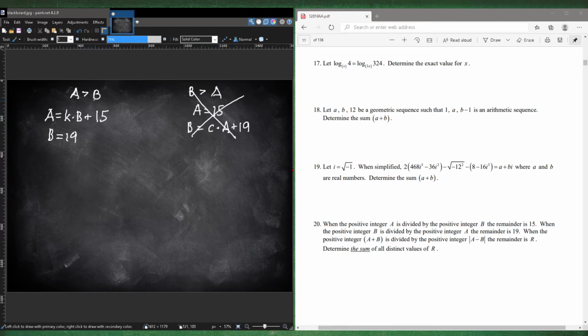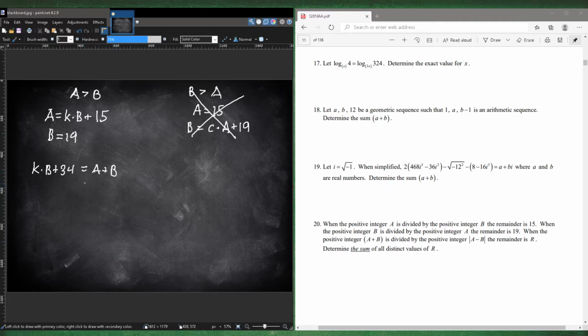Another way to do this without checking is that they set the absolute value of a minus b, and that's probably a way to tell you indirectly. So using this case, what does that tell us? Positive integer a plus b is k times b plus 15 plus 19, which is 34.